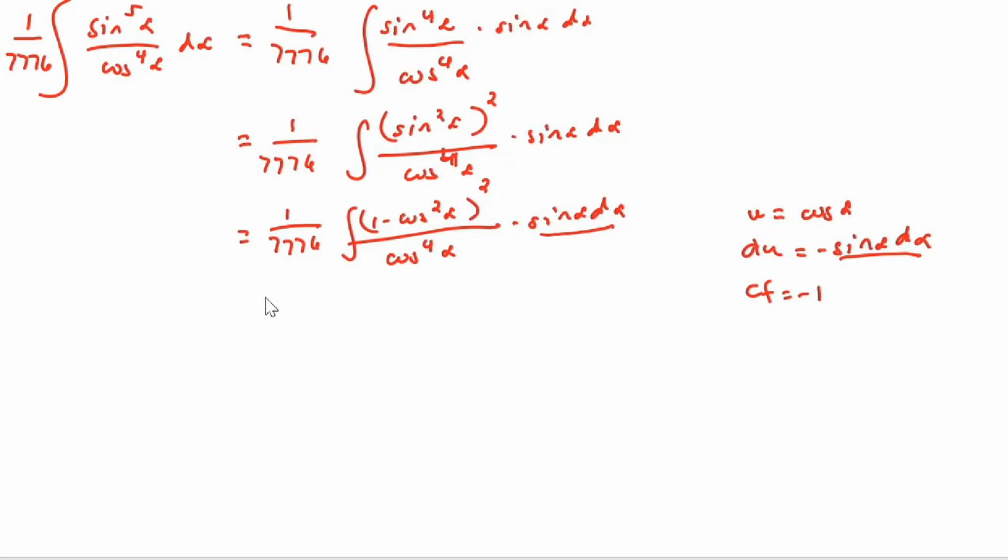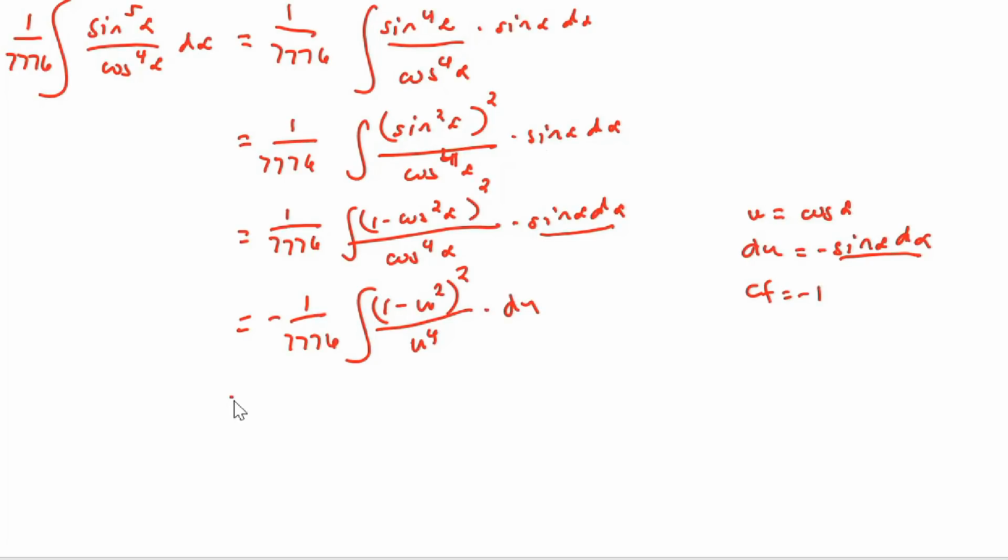So from there, I can write now negative 1 over 7,776 times the integral of 1 minus u squared to the power of 2 all over cosine to the fourth power, which can be written as u to the fourth power, times sine alpha d alpha, which means du.